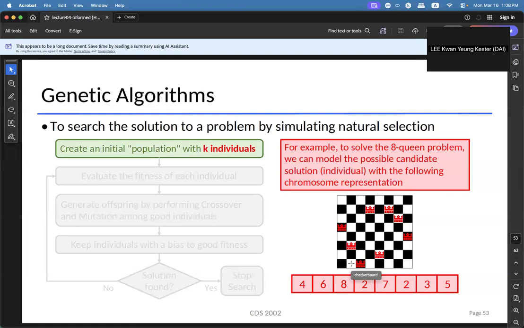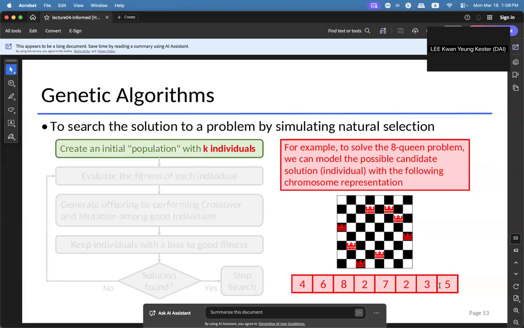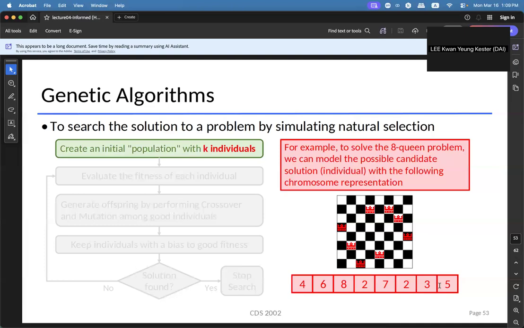Using this representation, you can represent a configuration or state of our problem as a vector. This vector you can consider as the chromosome of the organisms in our genetic algorithm. Initially, we randomly generate a bunch of candidate solutions as the chromosomes of a bunch of organisms.